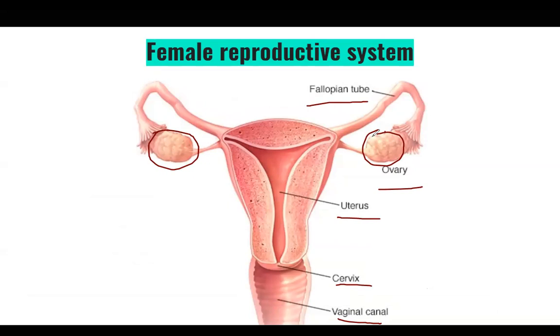The ovaries start to make eggs at puberty too in girls. It occurs between the ages of 10 and 13 years.